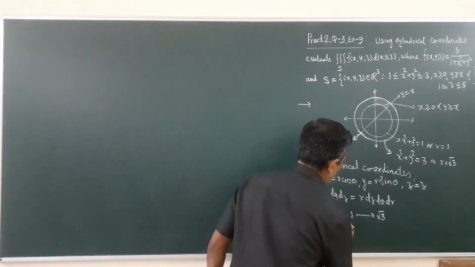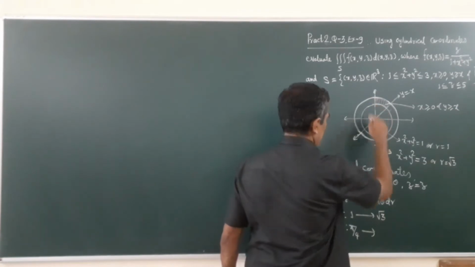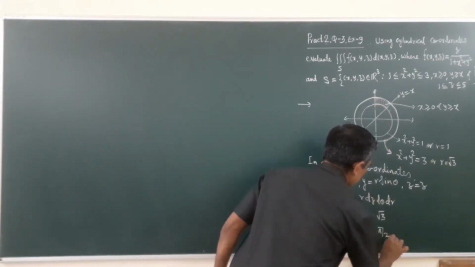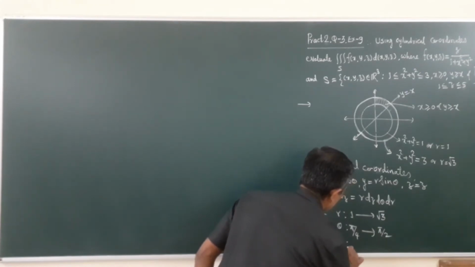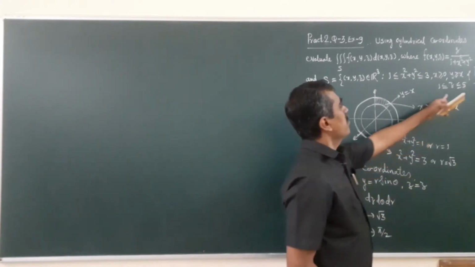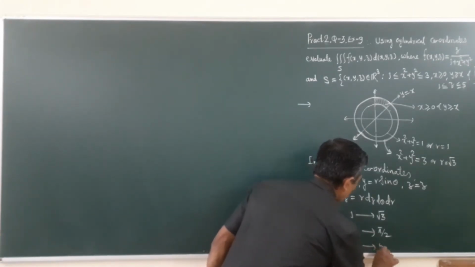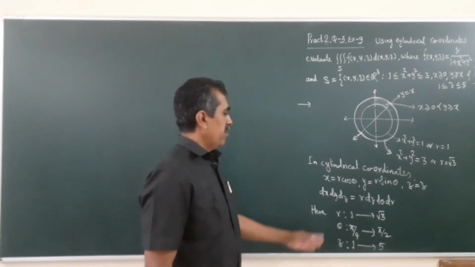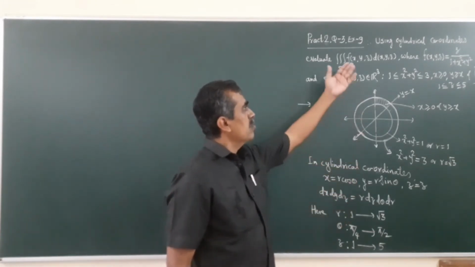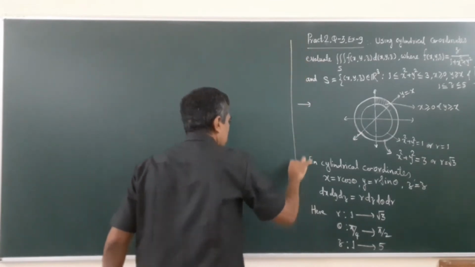So theta goes from pi by 4 up to pi by 2. And what about z? It is given: z runs from 1 to 5. Thus all the limits are here. Now you go for the evaluation of the integral.